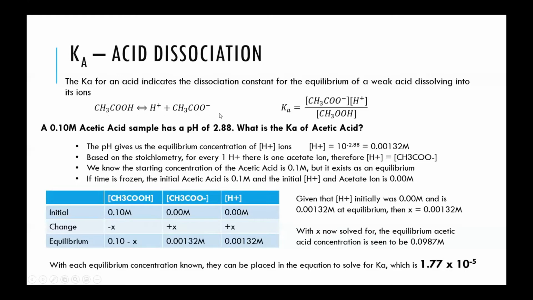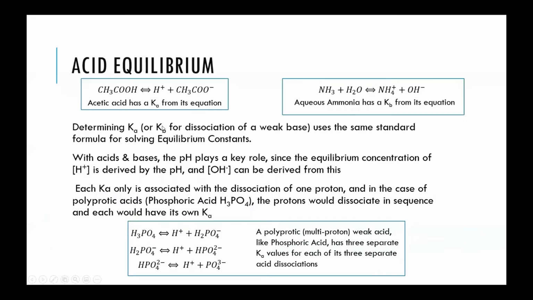When you look at the balanced chemical equation, all of this is 1-to-1. For every acid molecule, it loses 1 proton at a time. That's why in this previous case for the phosphoric acid sample, there are 3 separate values, and they are all 1-to-1.